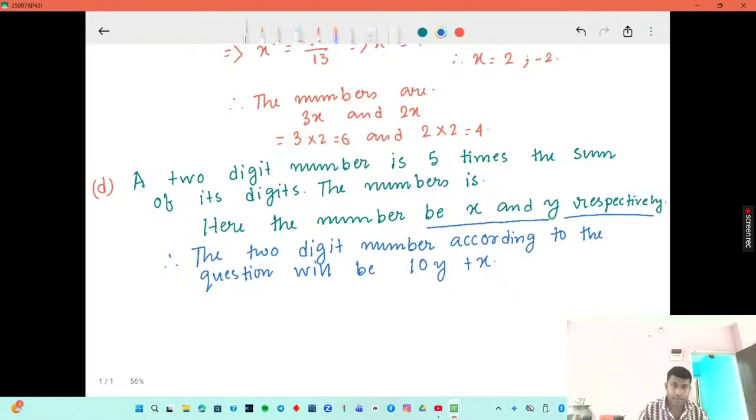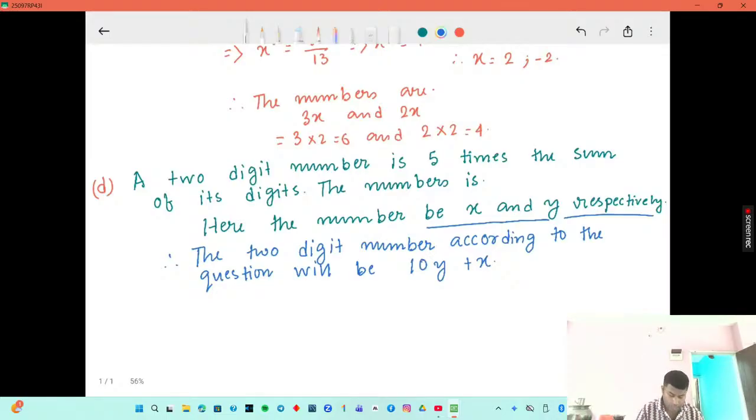So now we have to make an equation in order to find the value of x and y. Now how we can solve? So how we can make the equation?